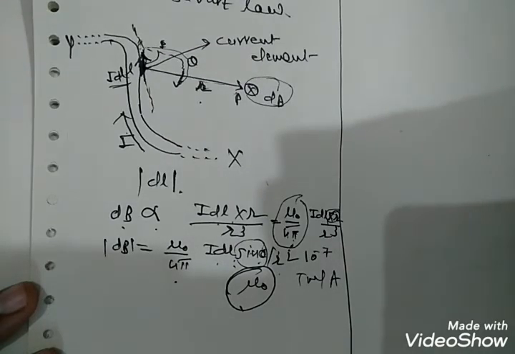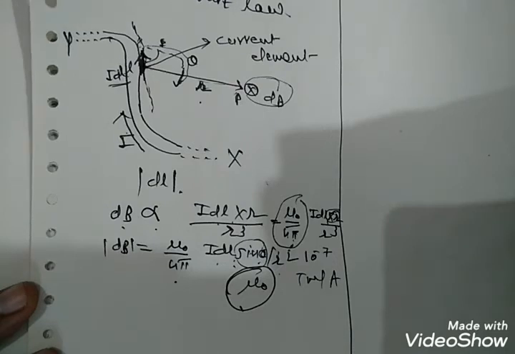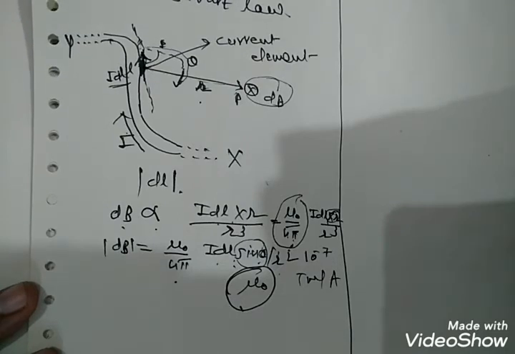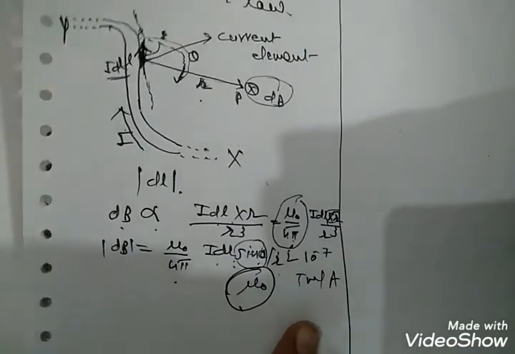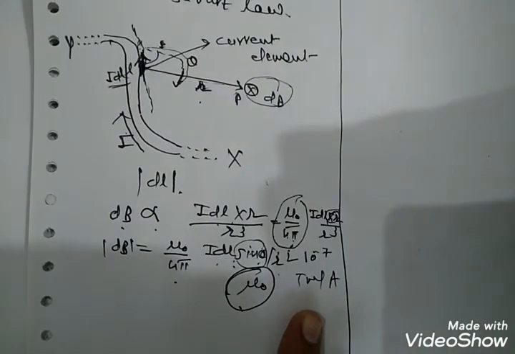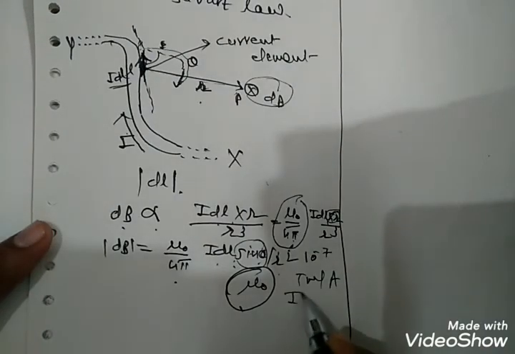The principle of superposition applies to both fields. Second, the electrostatic field is produced by a scalar source, the electric charge, while the magnetic field is produced by a vector source, the current element.